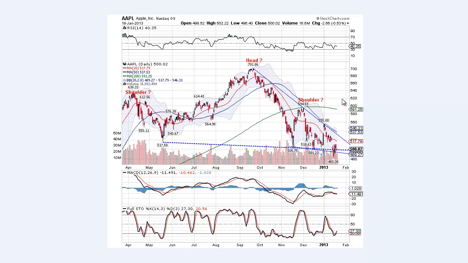Price can definitely push higher as well, but there is a significant amount of resistance overhead in the shape of this previous gap. Also 20 period moving average at 517 level, falling resistance trend line and 50 period moving average at 537, and the most significantly 200 period moving average on daily at 591.